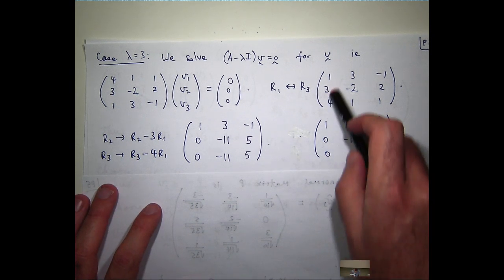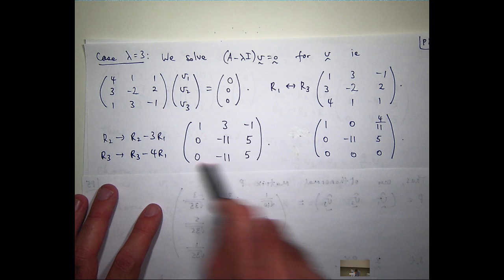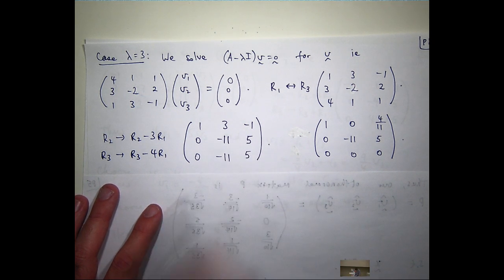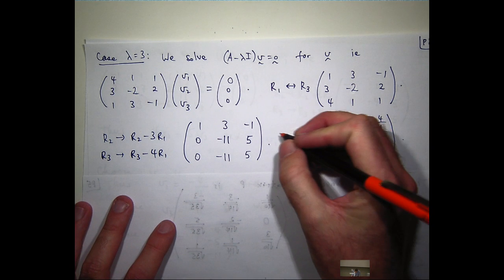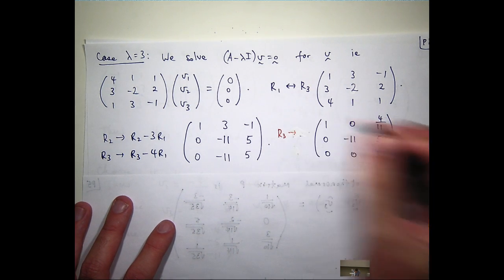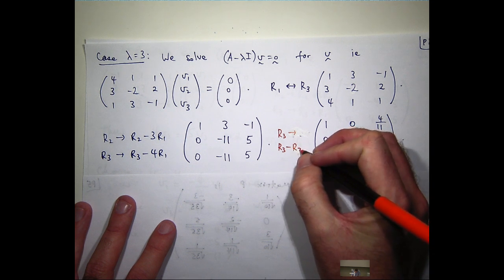So I get 2 zeros here and here, and you can see this row is the same as this row. So again, we're going to have a row of zeros down the bottom. In this one, row 3 goes to row 3 minus row 2.